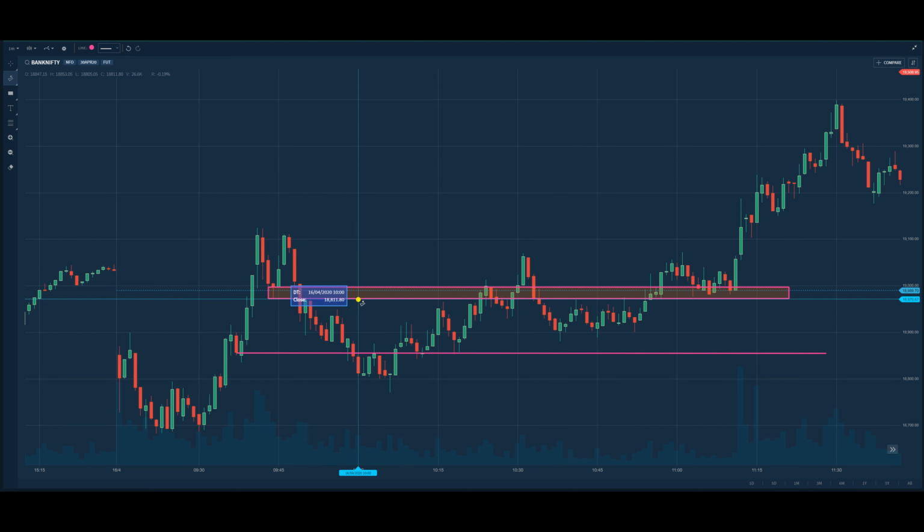So you are getting almost 130 points here, which is a good profit within a short period, because this is happening within 10 o'clock. So in the initial time itself, you can get some good money, based on the number of lot sizes you are going for in the trade.